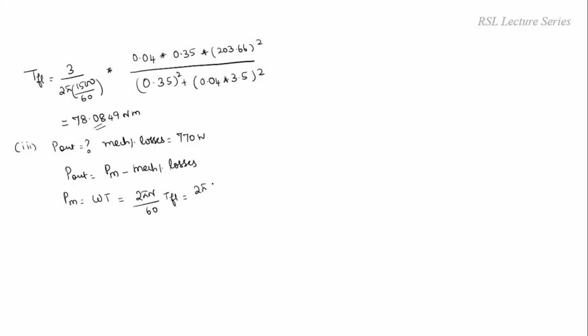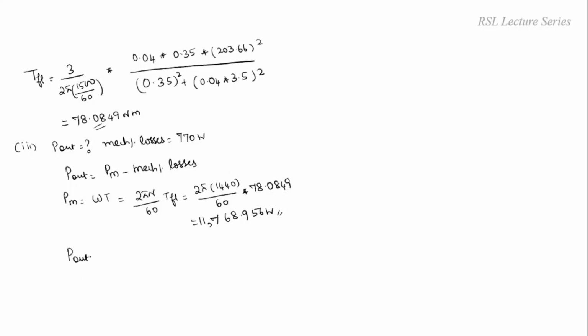So 2 pi n is 1440 divided by 60, into 78.0849. This will be equal to 11,768.956 watts. This is the gross mechanical power developed.